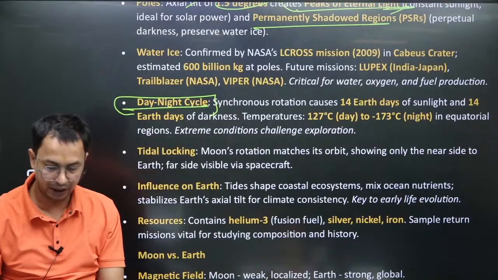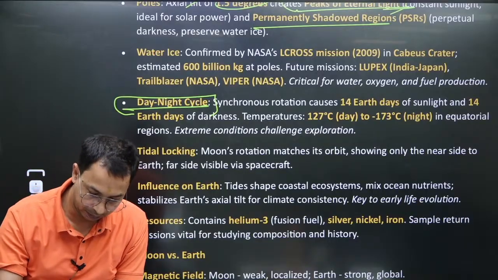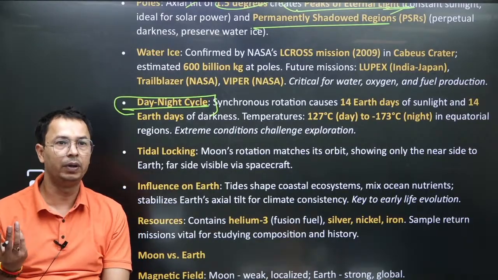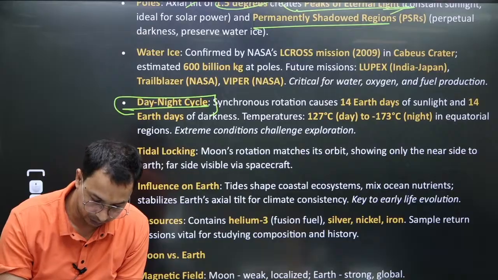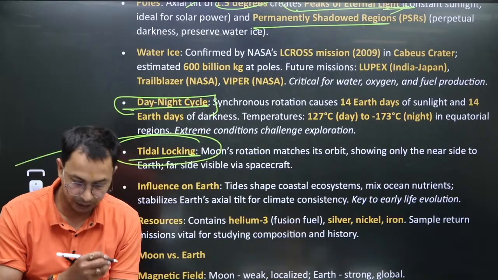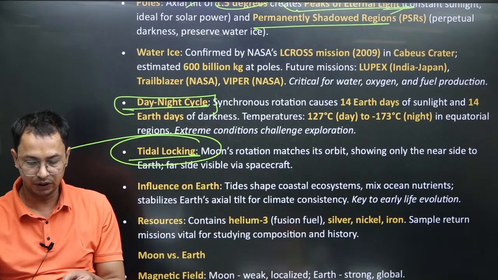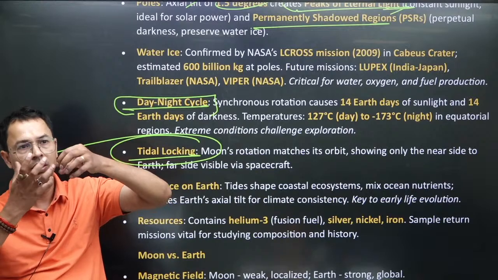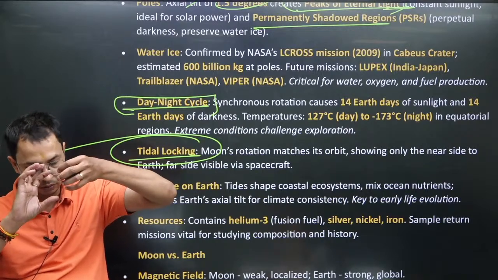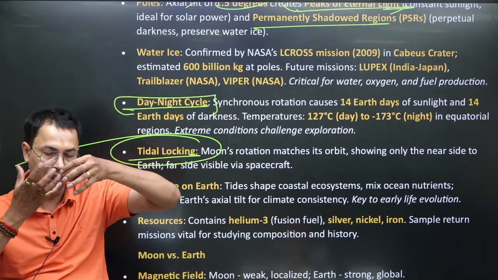So it means there will be tidal locking, and because of the tidal locking, the lunar day will be equivalent to the lunar year. And because of this, the moon is tidally locked with the earth.